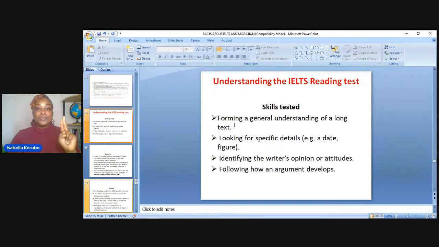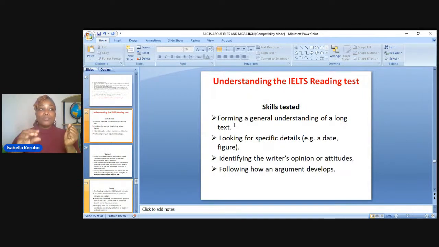Number two, your ability to look for specific information. Your ability to look for specific details from a given text. You're given a text, and of course, each text comes with a set of questions. You will be asked to identify specific information from this text.